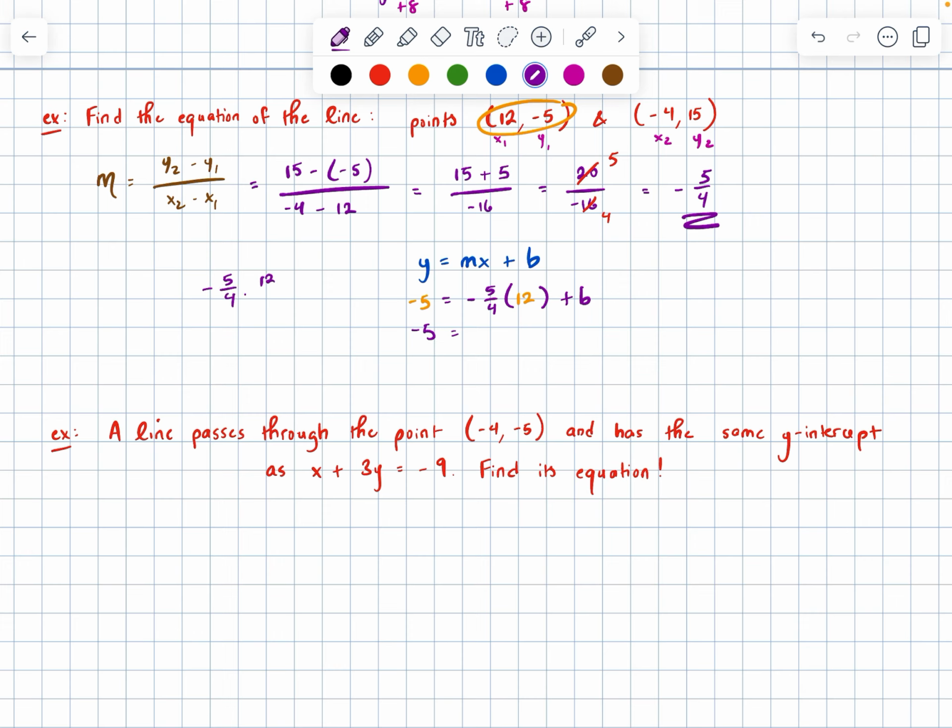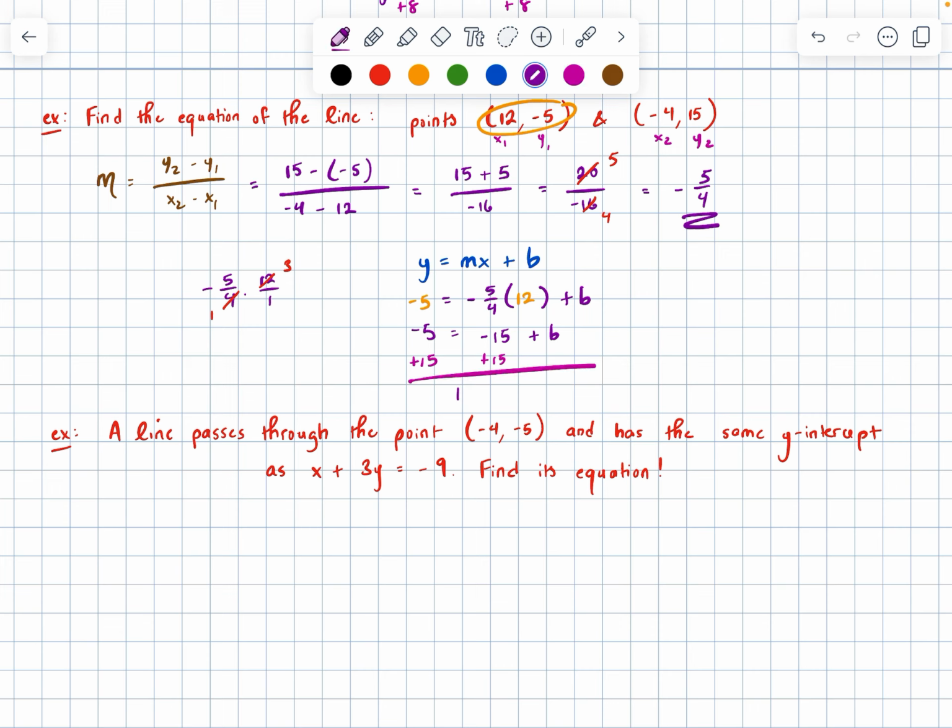-5/4 times 12/1. So I've got common factors here, 4 and 12. This reduces to 3 and 1. So -5 times 3 is -15. So this is -15 plus b. All I've got to do is add 15 to both sides to isolate b.